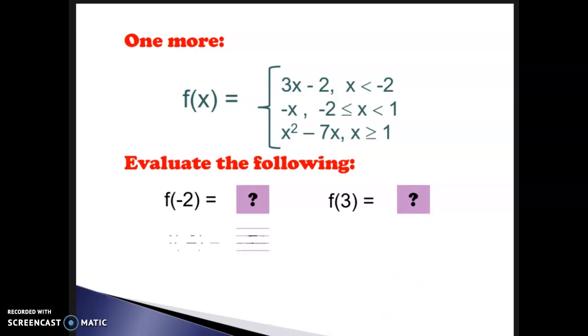Okay, let's try another one. f of negative 4. Think about where that would get plugged in. If you chose the top equation, you are correct because x, being negative 4, is less than negative 2. So 3 times negative 4 is negative 12. Negative 12 minus 2 is negative 14. Let's try one more.